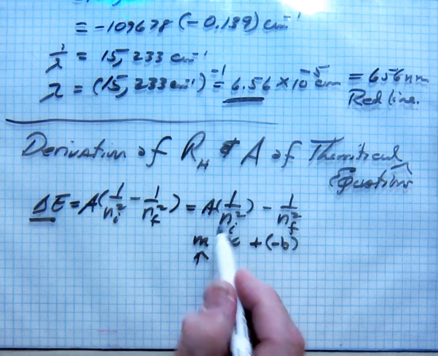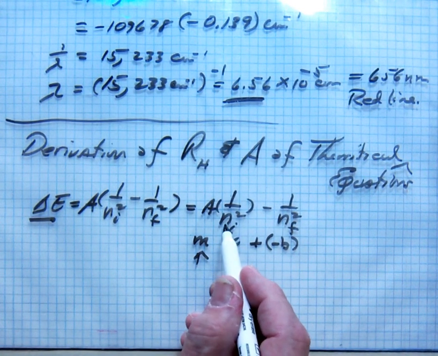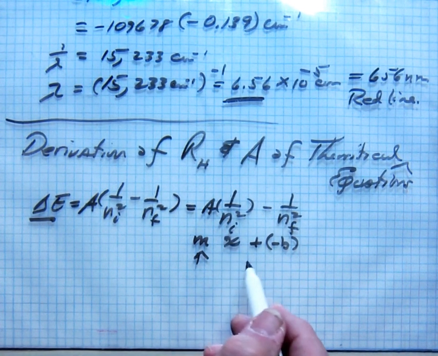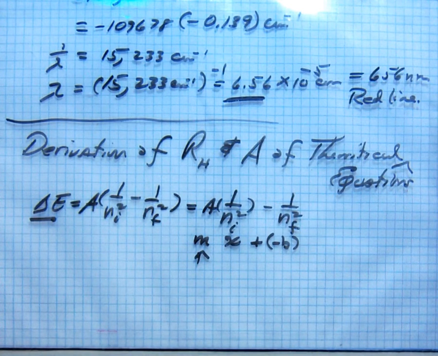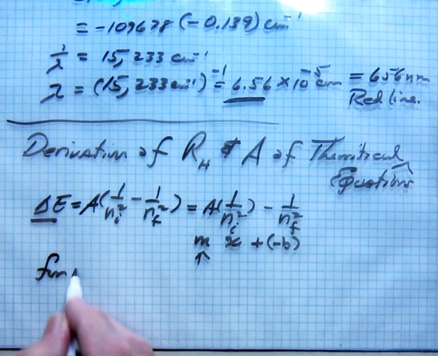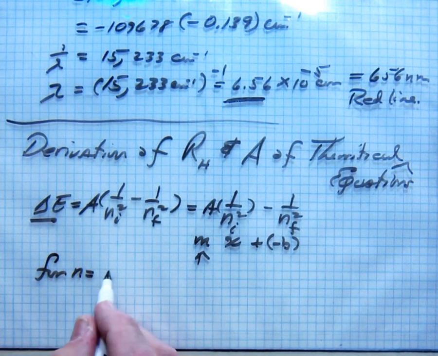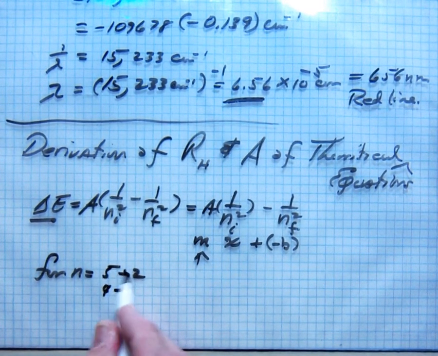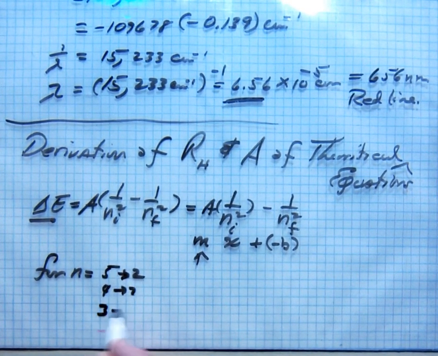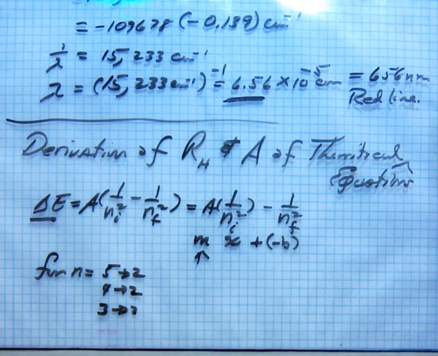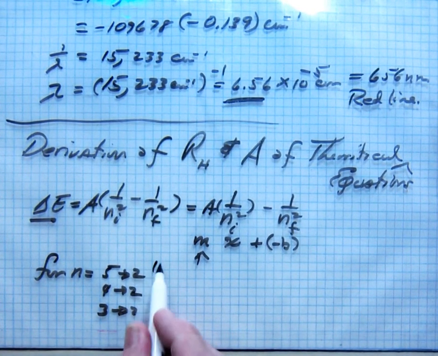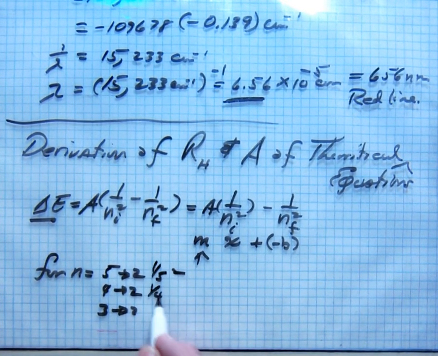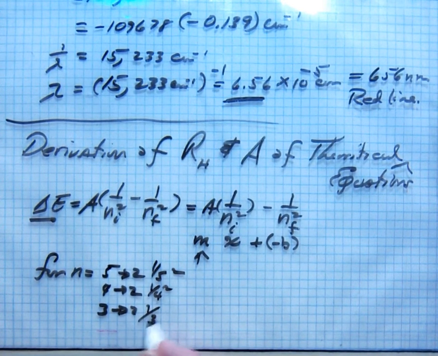So you can take the n values, like you're starting at 5, 4, 3, where you're transitioning. For n equal 5 to 2, 4 to 2, and 3 to 2. You have 1 over 5 squared, 1 over 4 squared, and 1 over 3 squared.